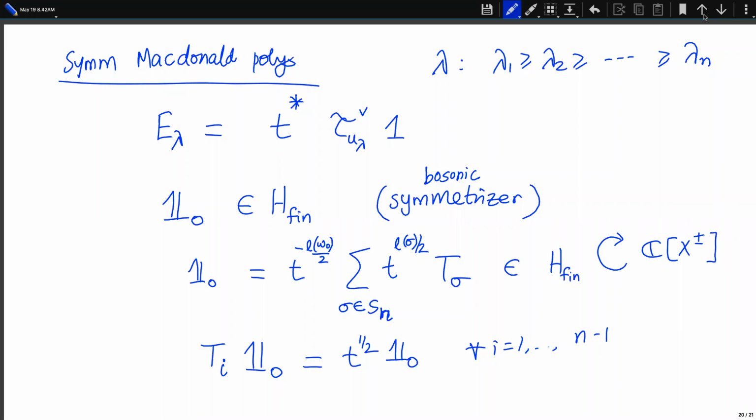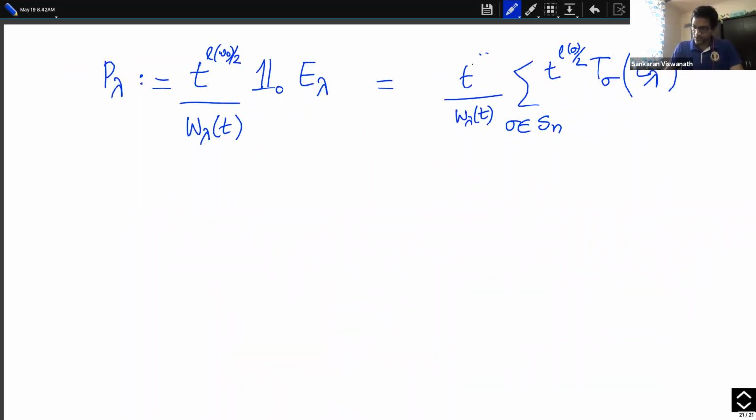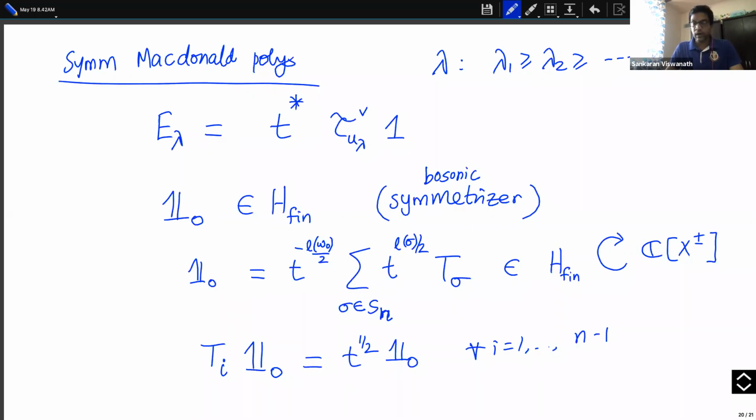So 1-0 also has a t to the power minus L W naught by 2, and P lambda also has that thing in front. So in some sense, that's a minus and this is a plus. So you don't have that term when you apply it. Arun, why do you have this term?